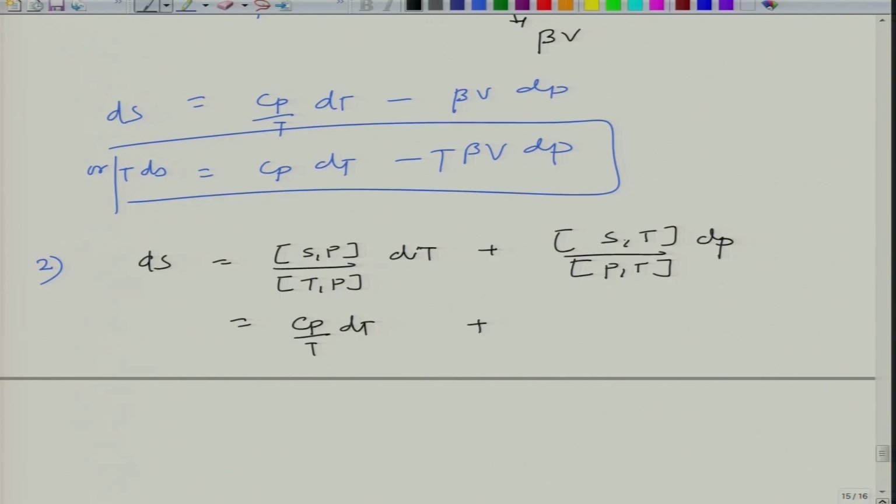Now, we know the Maxwell relation. The Maxwell relation for this is straightforward: ST is nothing but VP. So, remember that ST is nothing but VP. Okay. So, I have got this relation straightforwardly.